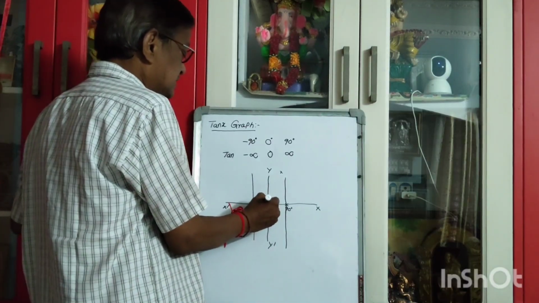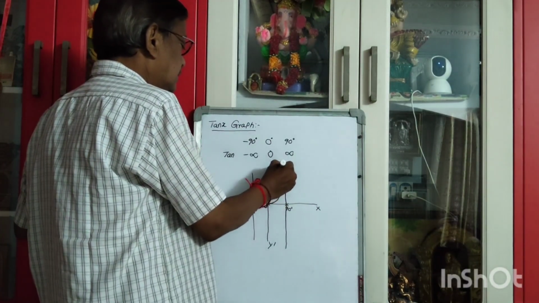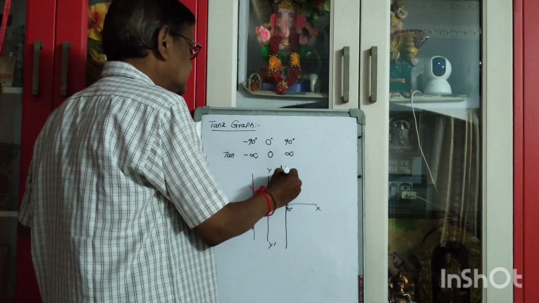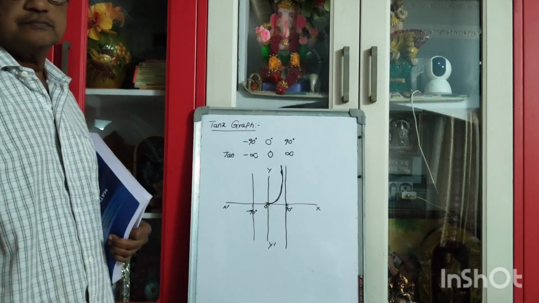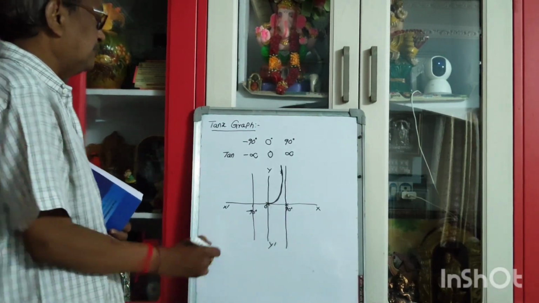And like this the graph will go. It won't touch at any place up to infinity. Minus 90 means minus infinity.